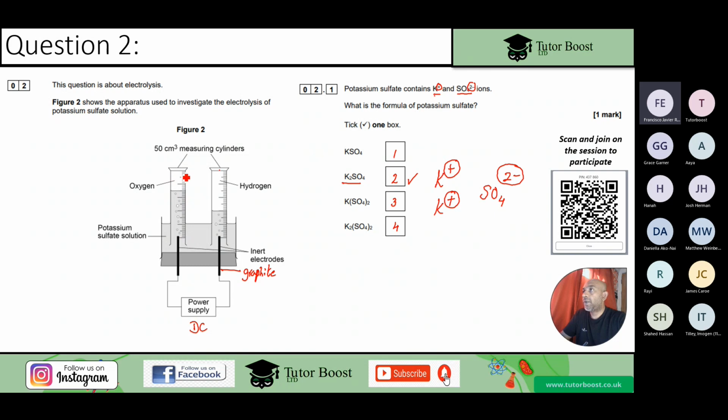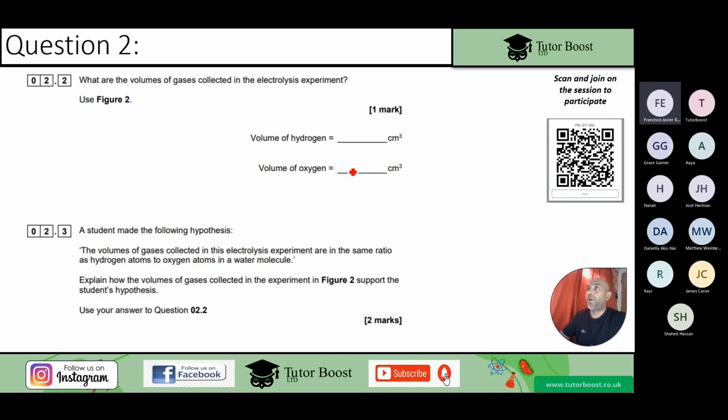So oxygen, that's 10 plus 5, that's 15, and that's 10, 20 mark, and then your 30 mark. So hydrogen was 30 cm³, and the oxygen is 15 cm³. Oxygen was 15 and hydrogen is 30.